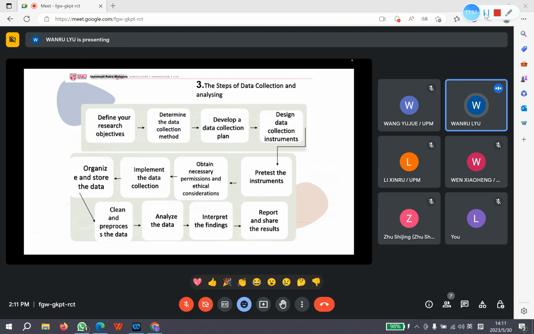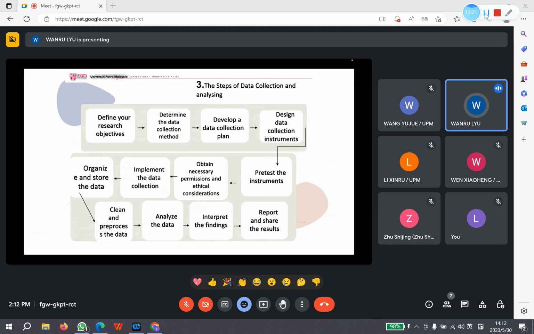And then determine the data collection method. Choose the most appropriate method or combination of methods to gather data based on your research objectives. Then develop a data collection plan. This includes identifying the target population, determining the sample size, and selecting the appropriate sampling technique. Then design data collection instruments.